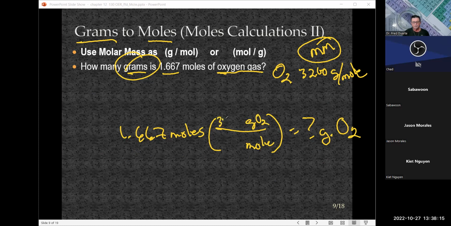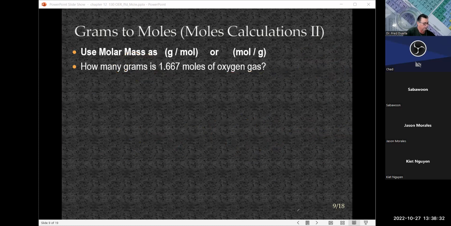And so we have 32.00 grams of O2 divided by 1 mole. Moles cancel, leaving me with grams of oxygen. So we set that up.